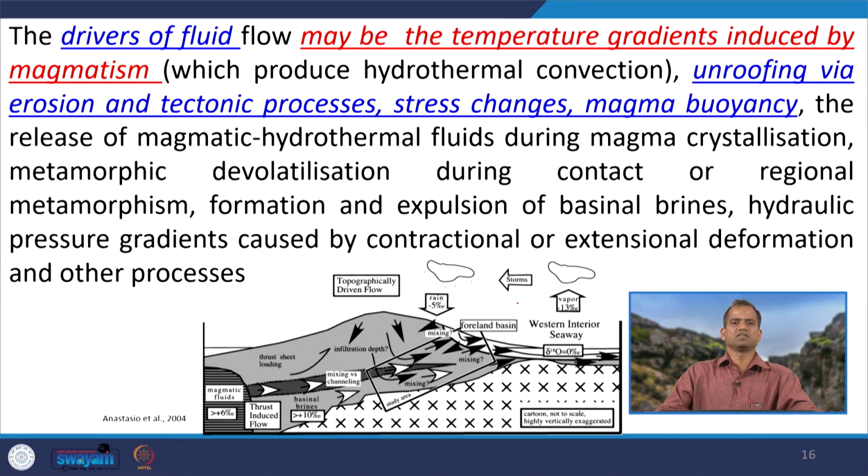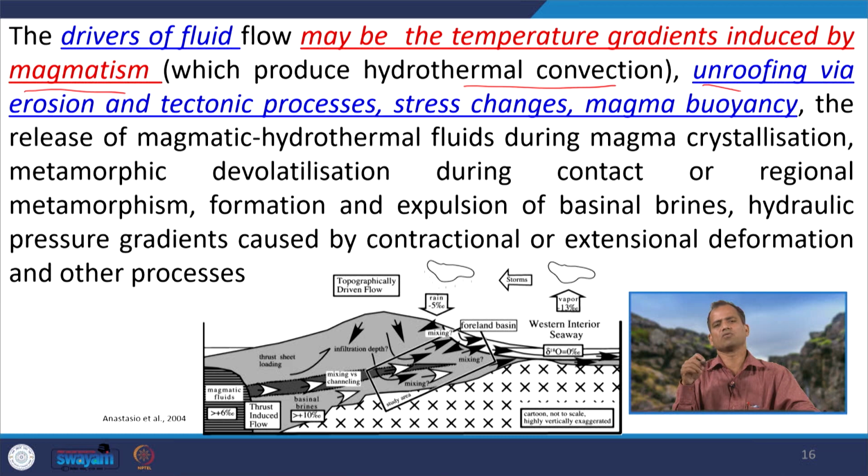The drivers of fluid may be the hydrothermal fluid, may be the magmatic fluid, may be the brines. So that may flow in a temperature gradient, or may be magmatism, which produces hydrothermal convection, that is on-roofing via erosion, tectonic forces, stress changes, then magmatic buoyancy, and release of the magmatic hydrothermal fluid during magma crystallization, and metamorphic devolatilization during contact or regional metamorphism, formation of explosion of basinal brines, hydraulic pressure gradient caused by contractional or extensional deformation, and other processes.